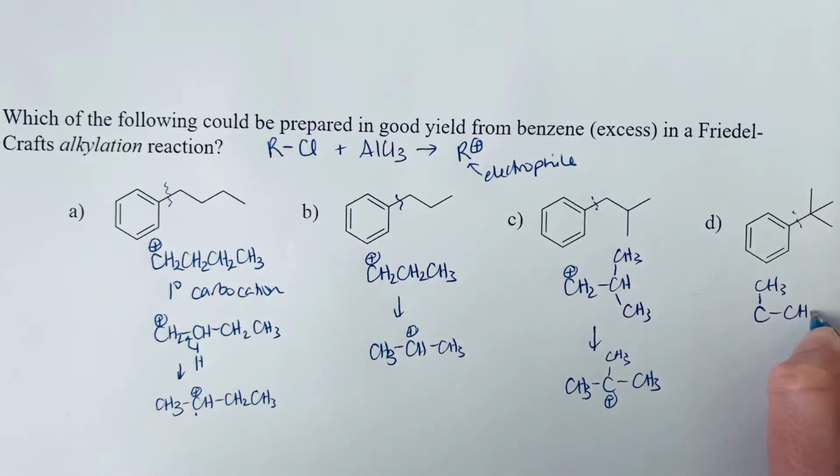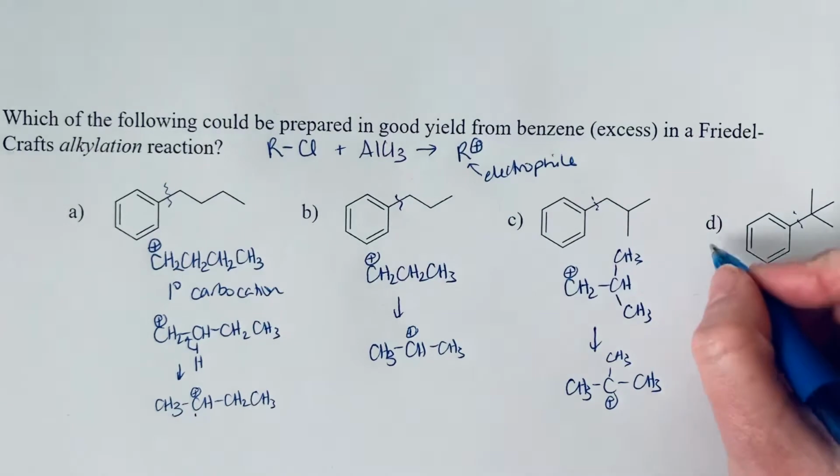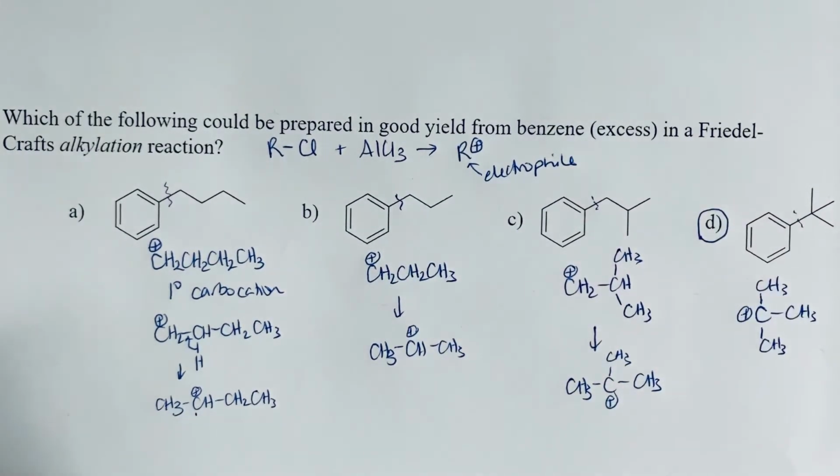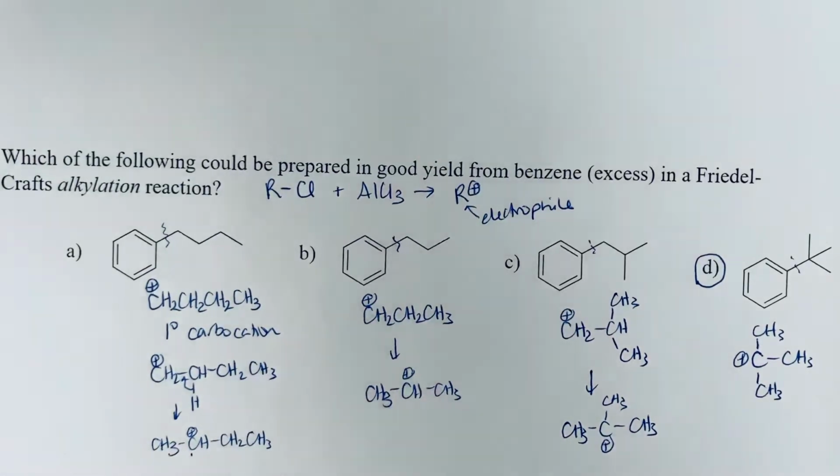So here you would actually have some success because the carbocation that is required to form this substituted benzene is already stable. So this would be something that we could prepare in good yield in a Friedel-Crafts alkylation reaction. Let's take a look at what this reaction would look like and use this as an example to draw a mechanism for a Friedel-Crafts.